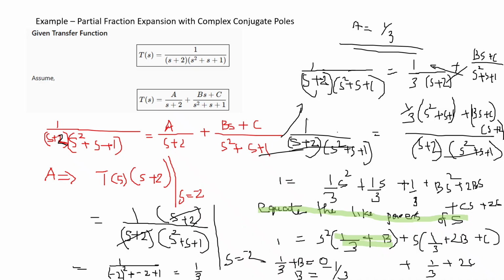So that is how you find out the value of b. We have found out b is equal to minus 1 by 3. Similarly, you can substitute the value of b here and find out the value of c.